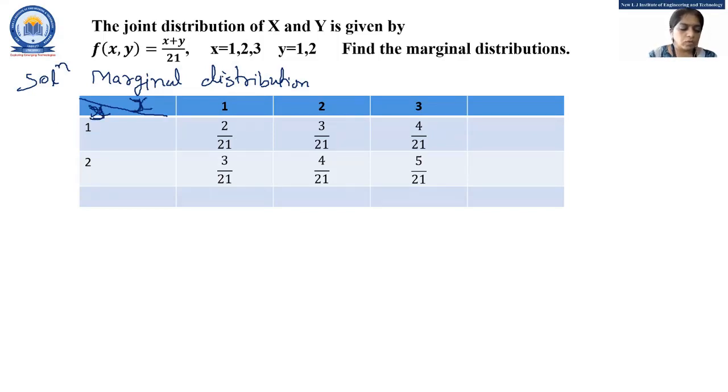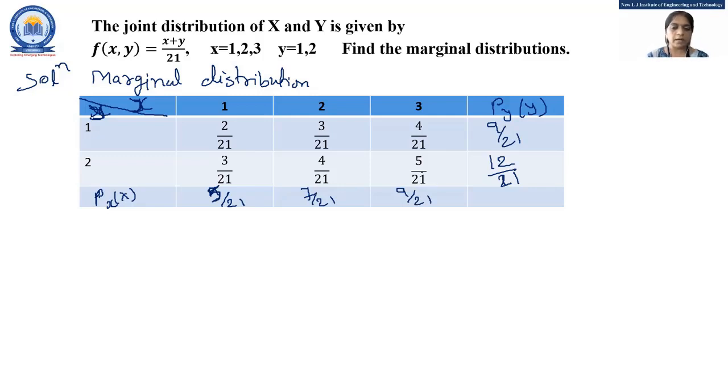Okay, so the small p y of y, that is 9 by 21 and here 12 by 21, right? And this one is small p x of x, and that is 3 plus 2, so 5 by 21. Got it? And this one is 7 by 21. This one is 9 by 21, right?